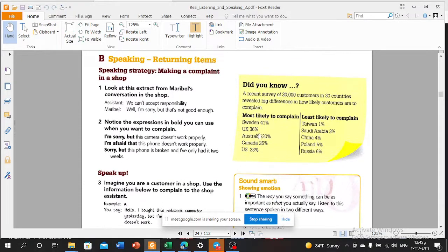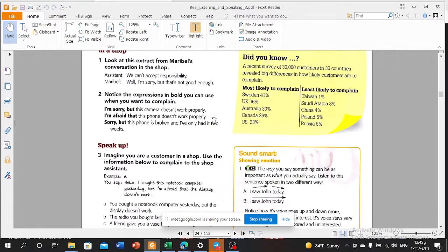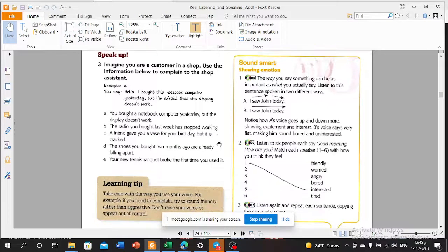You have to know which countries have the people most likely to complain, while which have the customers least likely to complain. Okay, so this general information is also included in our exam tomorrow. This did you know section.